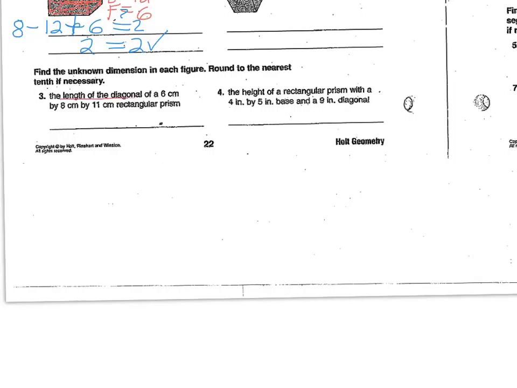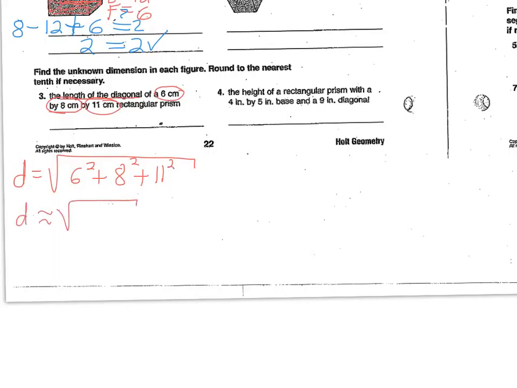So the diagonal is the square root of the length squared plus the width squared plus the height squared. Let's just put that in the calculator. That is right. So this is 221. All I need you to do is to put the answer, which is 14.9. It's centimeters, so the answer is 14.9 centimeters. So that's the length of the diagonal.